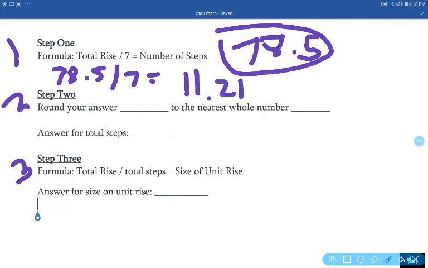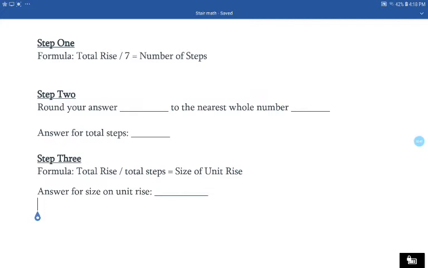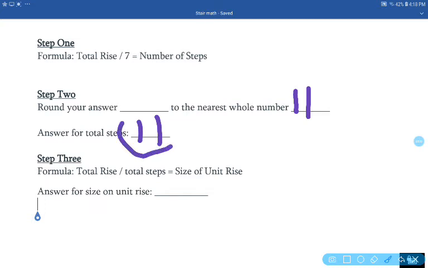Doesn't really matter because we're going to round that answer. So that rounds to 11. So 11 is your answer in this particular case. We'll put that in where it needs to go, right here. Rounded to the nearest whole number, 11. So the answer to the question of how many steps we need is 11.